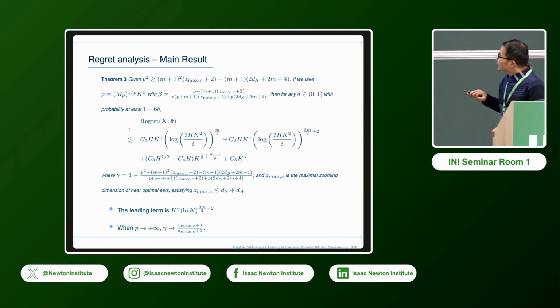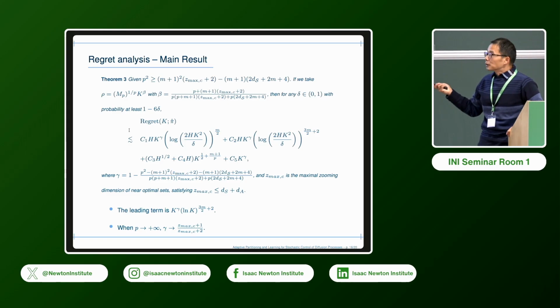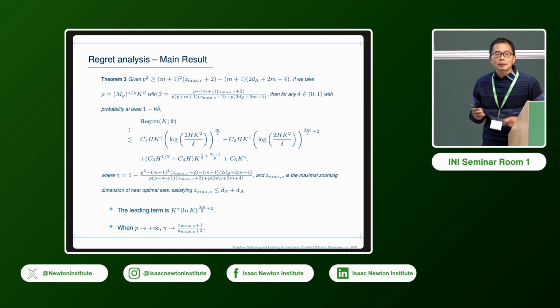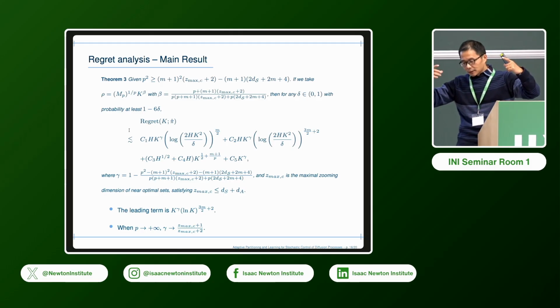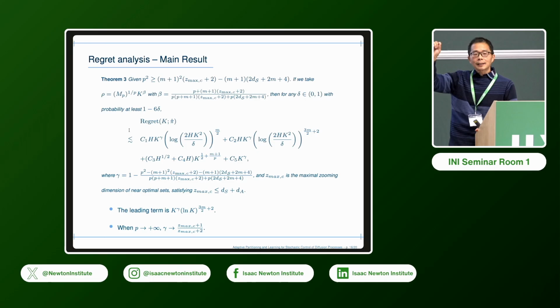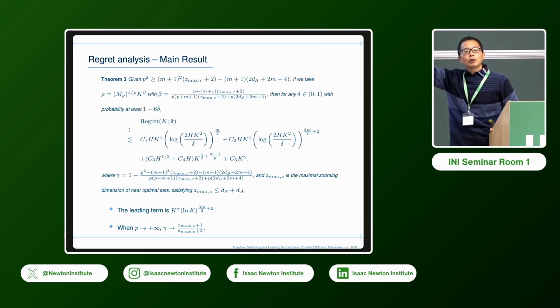So this leading order, sometimes we call the order gamma. Gamma looks quite complicated, but we are more interested in the asymptotic order, when p goes to infinity. That is something like the initial distribution having bounded moments of infinite order.